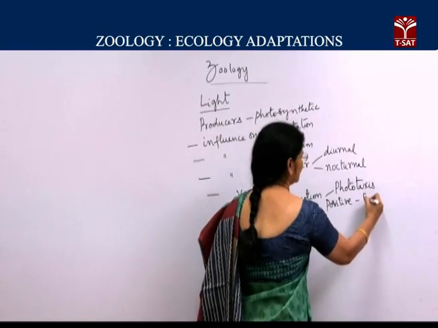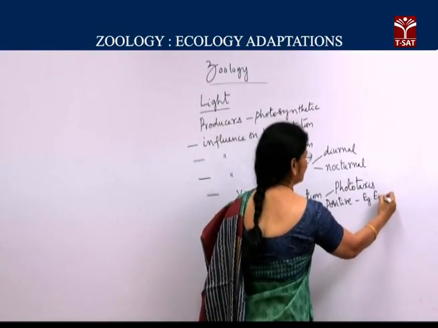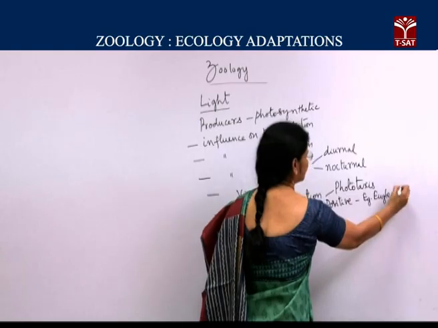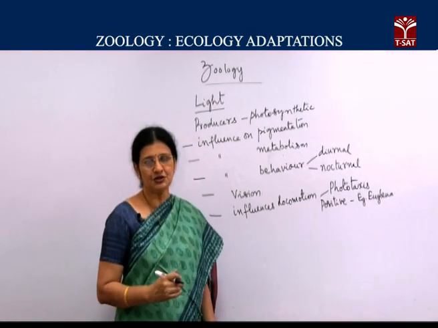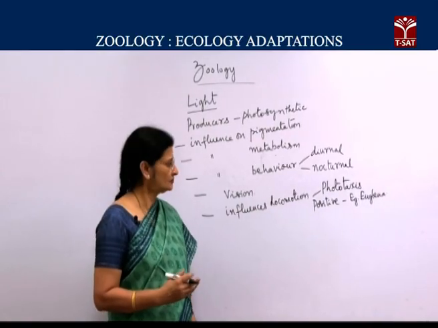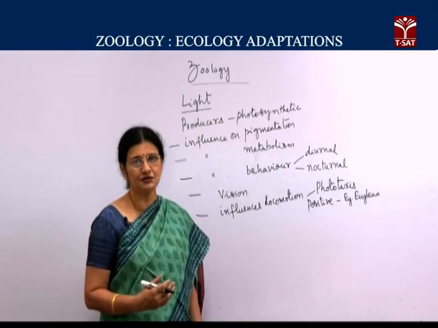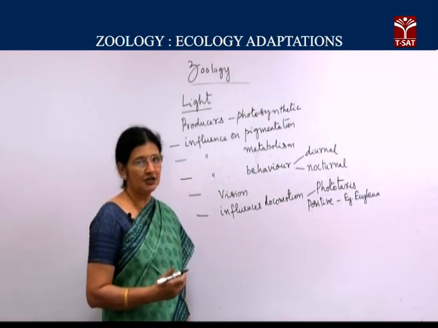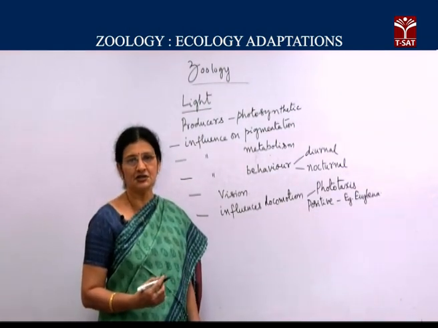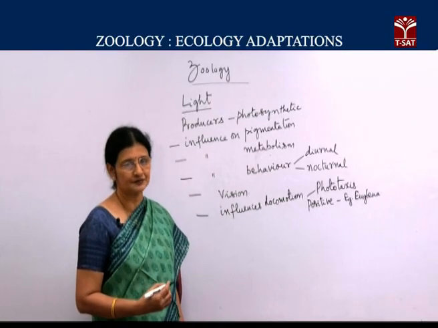Example, Euglena. If you place Euglena in the laboratory, it is observed the movement towards the light. As we all know, Euglena is a photosynthetic organism. So, it moves towards the light, that we consider positive phototaxis.